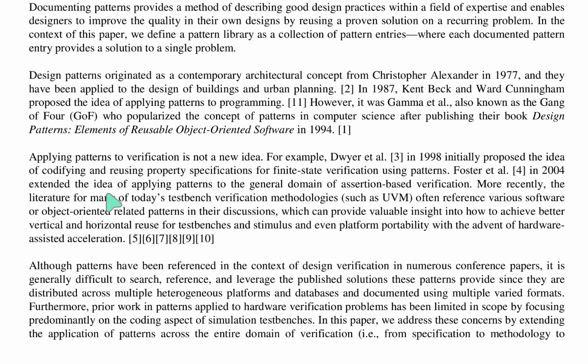More recently, the literature for many of today's test bench verification methodologies, such as UVM, often references various software or object-oriented patterns in their discussion, which can provide valuable insight into how to achieve better vertical and horizontal reuse for test benches and stimulus, and even platform portability with the advent of hardware-assisted acceleration.